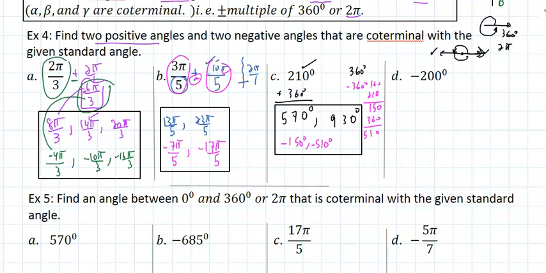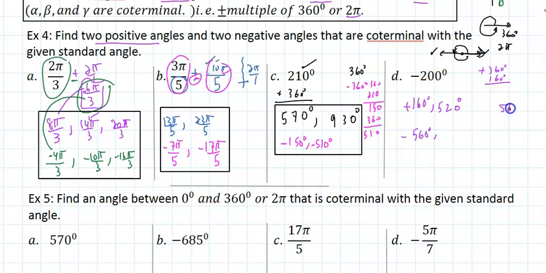How about if I have an angle that's already negative? Well, I know I'm going to add 360 and subtract 360. If I add 360 to that, that will be positive 160 degrees. And if I add another 360 to that, 520 degrees. Those are the positives. If I subtract 360, negative 200 minus 360, that's negative 560 degrees.